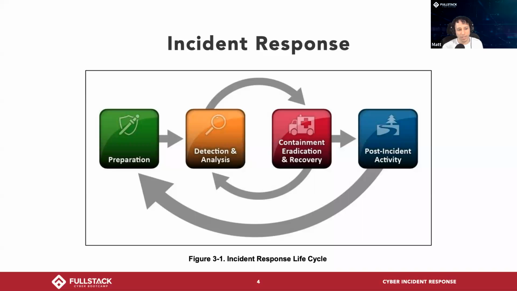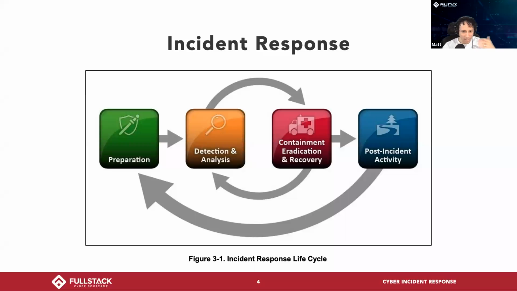You move on to a detection and analysis phase, which is constantly cycling between containment, eradication, and recovery, and going back to detection and analysis. That's like that mantra I told you before of scan, patch, scan. Your detection and analysis, your patching, and going back to detection and analysis. Make sure that your patch took. Make sure that everything is working as it should be.